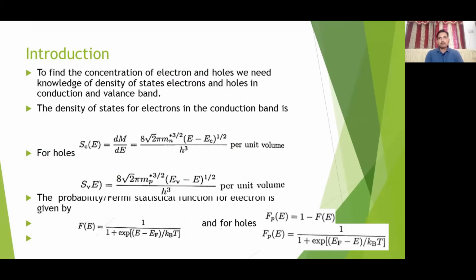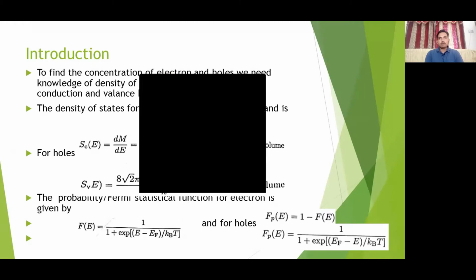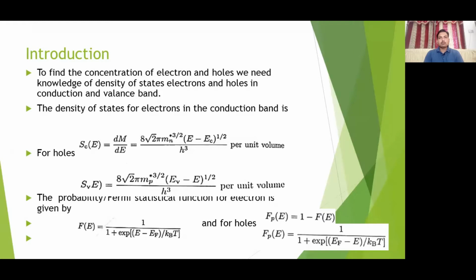If you remember the topic of density of states, in which you calculated the number of electrons in a metal, as you studied in the previous chapter, similarly we have to find the density of states of electrons in the conduction band, and we have to find the density of states of the holes in the valence band.